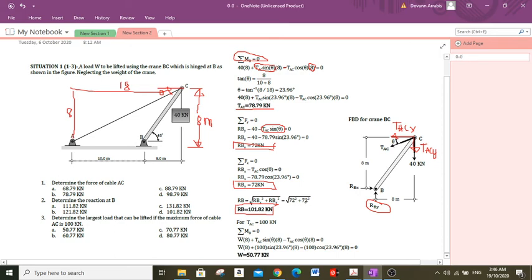For the third question, determine the largest load that can be lifted if the maximum force of cable AC is 100 kilonewton. We will still use this free body diagram, and at this time TAC is given and the weight is unknown. So this is W. TAC is equal to 100 kilonewton.